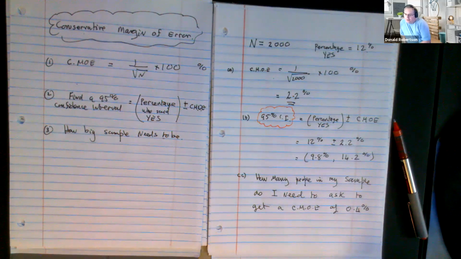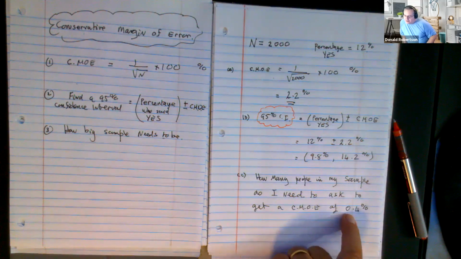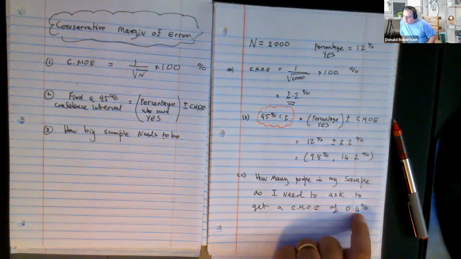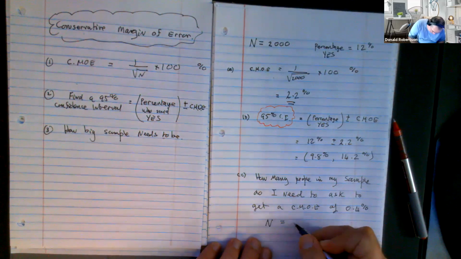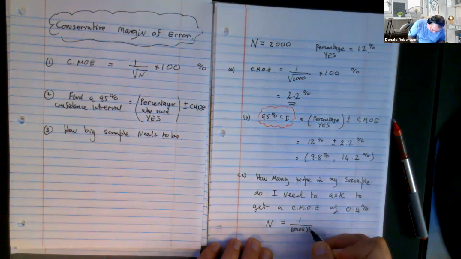And now, before I even went and asked the question, we have a formula that will tell us how many people we need to ask to make sure that this is the margin of error that we get. And the formula for that is N equals 1 over the conservative margin of error squared.